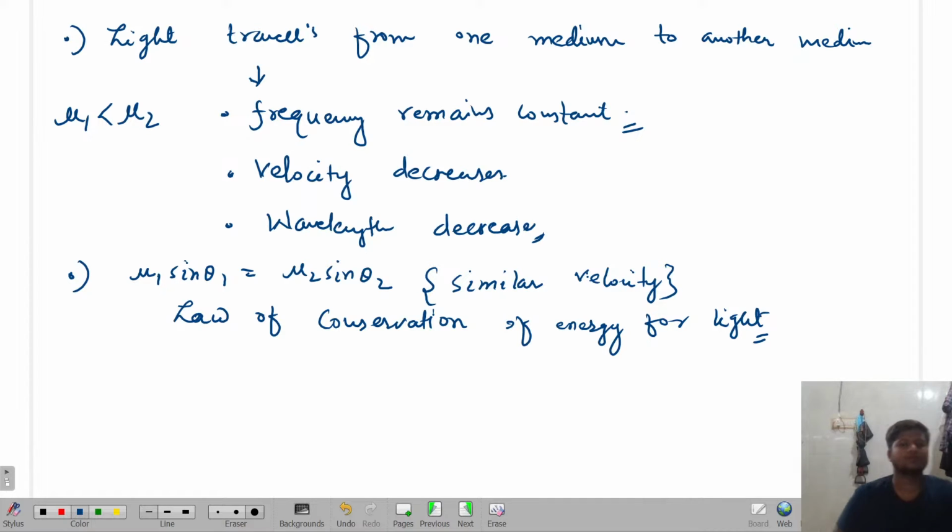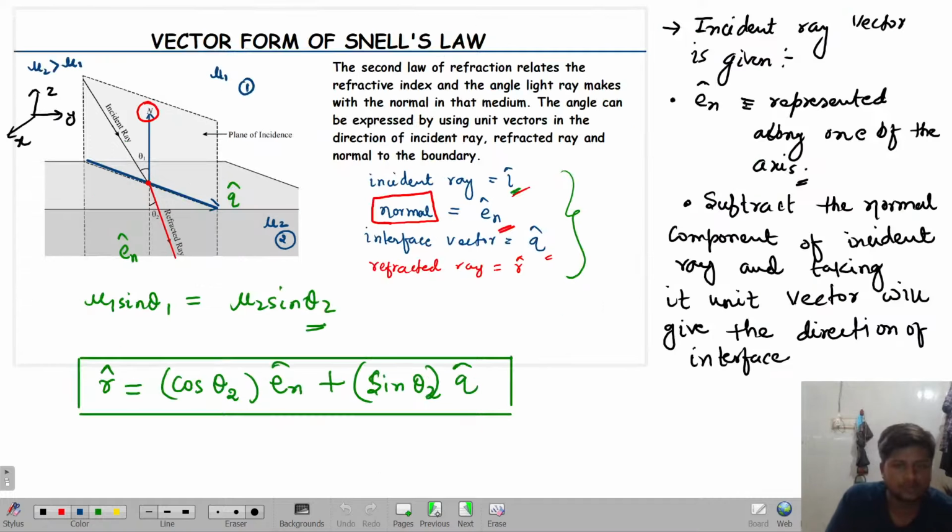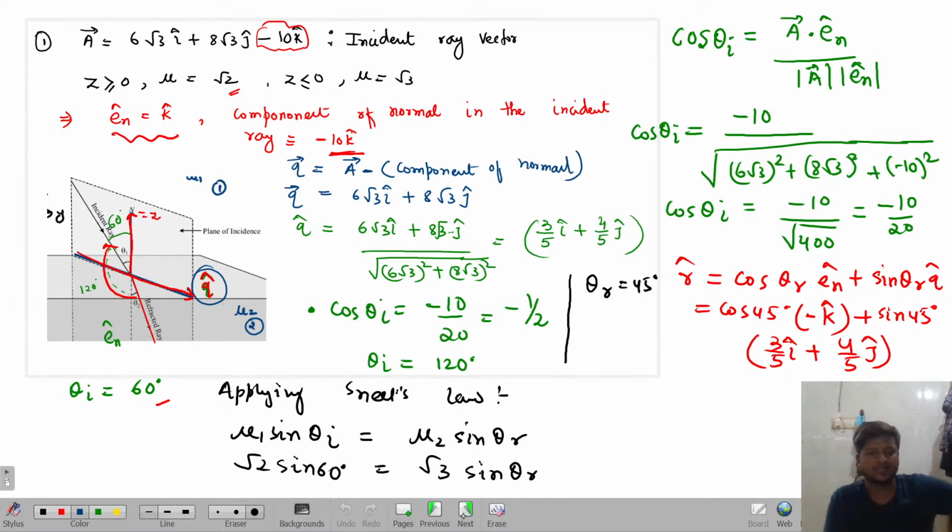Are you able to get me or not? Yes or no? Now, based upon this refraction principle, based upon this Snell's law, we can form the vector equation of Snell's law and write the equations for it. Okay, so this was all about your vector equation of Snell's law.